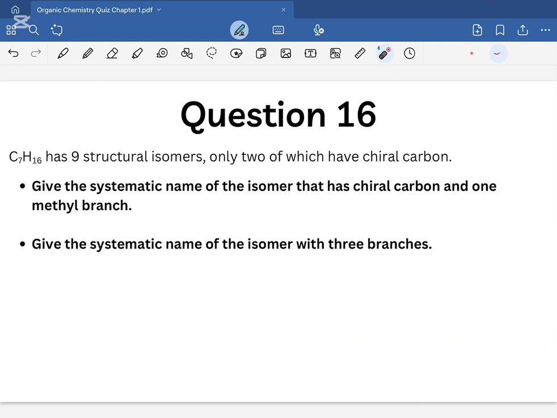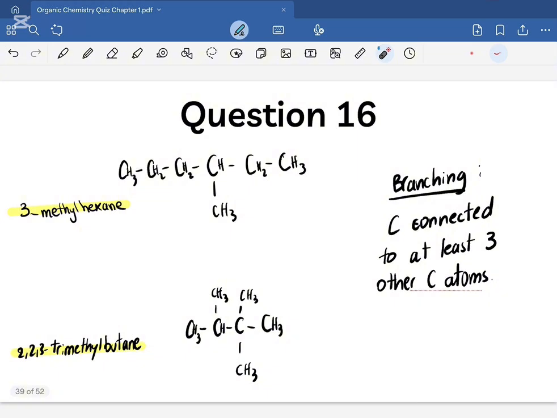Now they said in the next question, give the systematic name of the isomer with 3 branches. So if I need 3 branches and I have C7H16, then first I need to draw 4 carbons and then add the 3 other carbons as branches. So here I drew 4 carbons and I added the 3 carbons as branches, and the branching took place at the second carbon and at the third carbon.